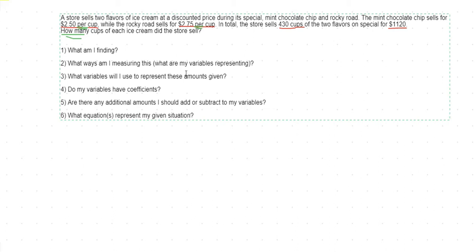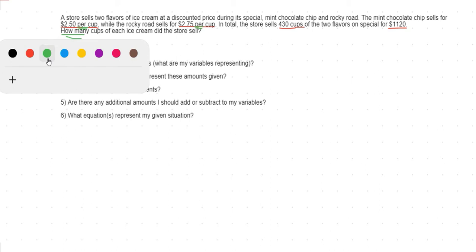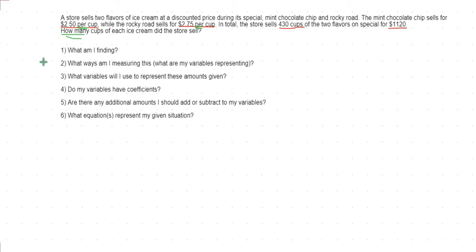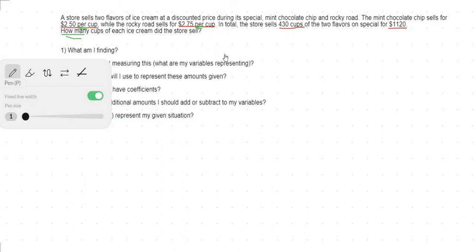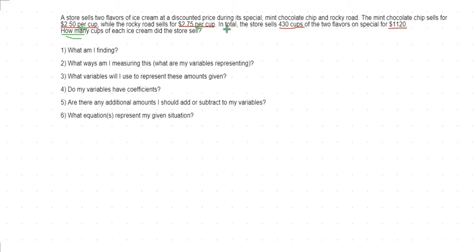In total, the store sells 430 cups of the 2 flavors on special for $1,120. How many cups of each ice cream did the store sell? One word that I did miss here that I would like to point out now is that word total. That's an important operation word too, because that does talk about adding things up to get an overall total.